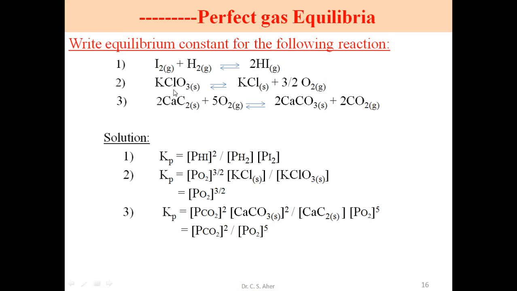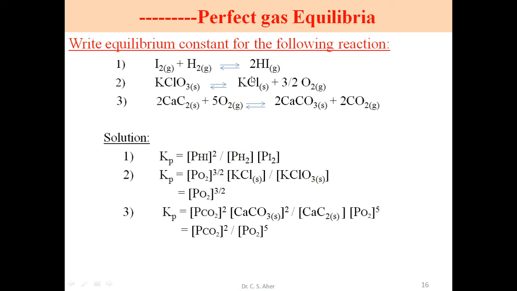Second reaction: KClO3 in solid state decomposes to form solid KCl plus oxygen gas. In this case, when we apply the Kp equilibrium constant, on the product side we have the partial pressure of oxygen, and KCl is a solid, so it has no partial pressure.